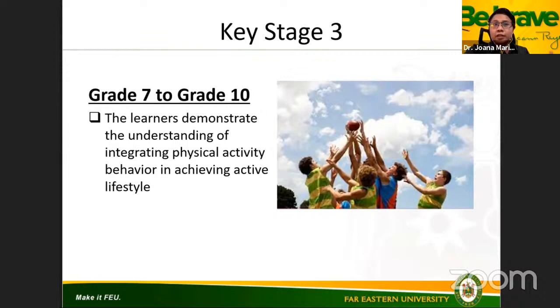When they reach high school or the secondary level, we have grade 7 to grade 10, where the learners demonstrate the understanding of integrating physical activity behavior in achieving an active lifestyle.